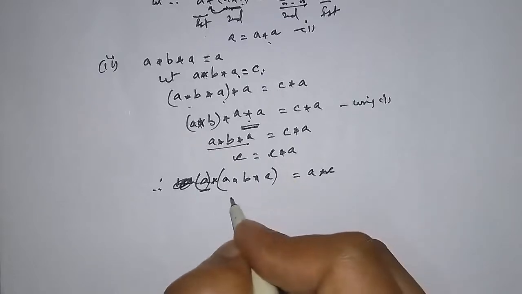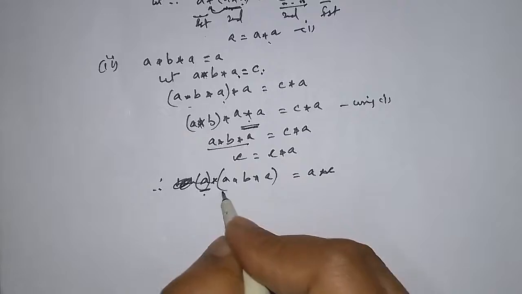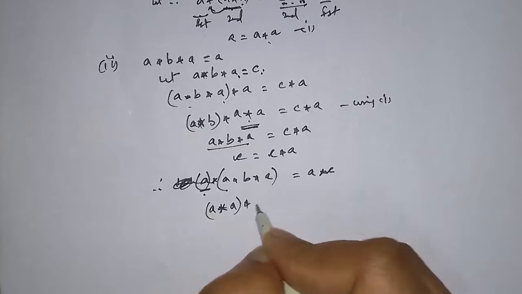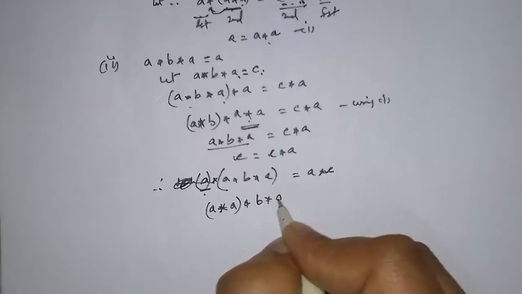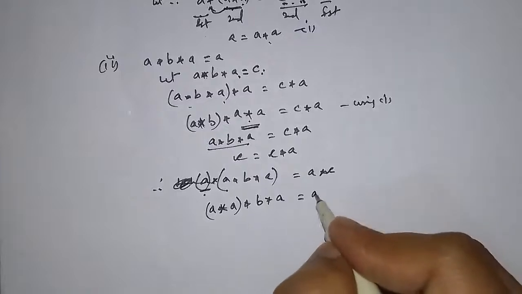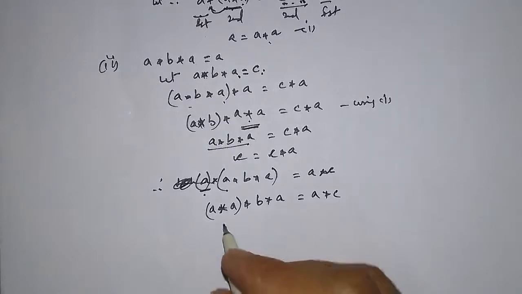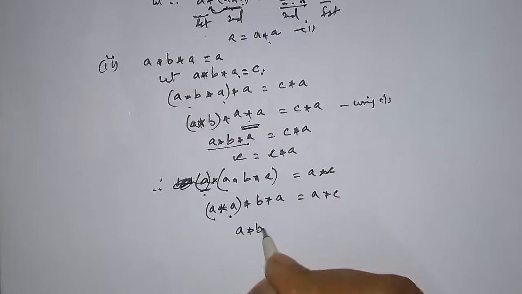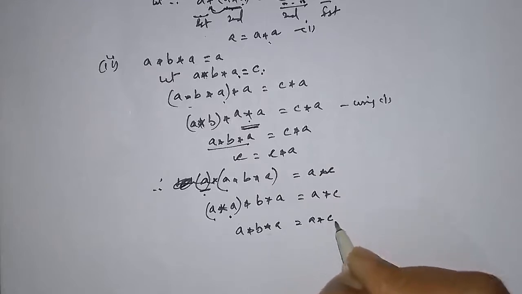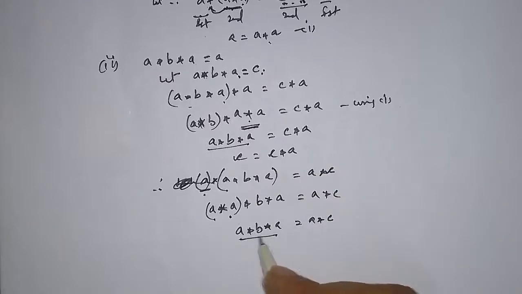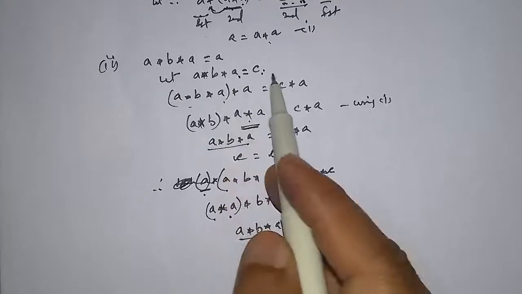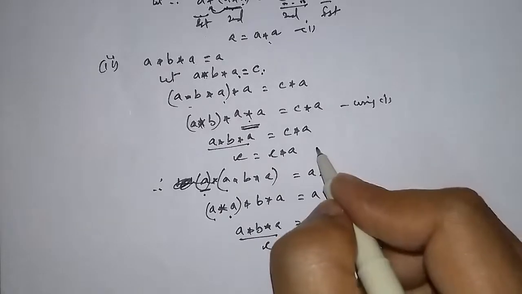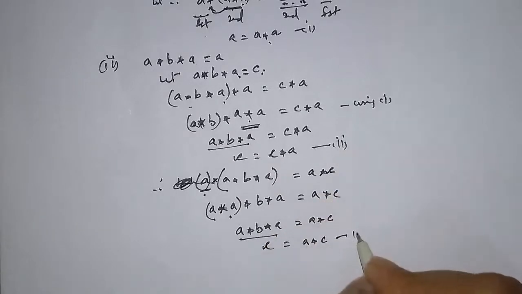Now using the property of associativity, this A star A will be multiplied together, and this B and this A. Now A star C. Now A star A is again equal to A, so A star B star A is equal to A star C. Now we have supposed that A star B star A is equal to C. Therefore, we will write C is equal to A star C. This is our second result and this is our third result.